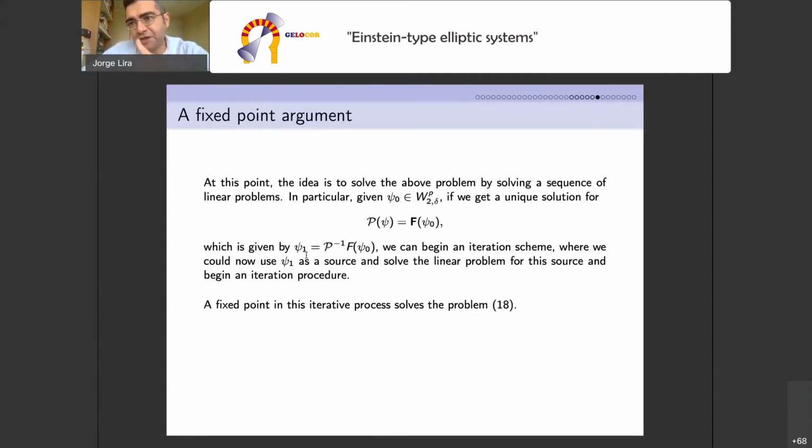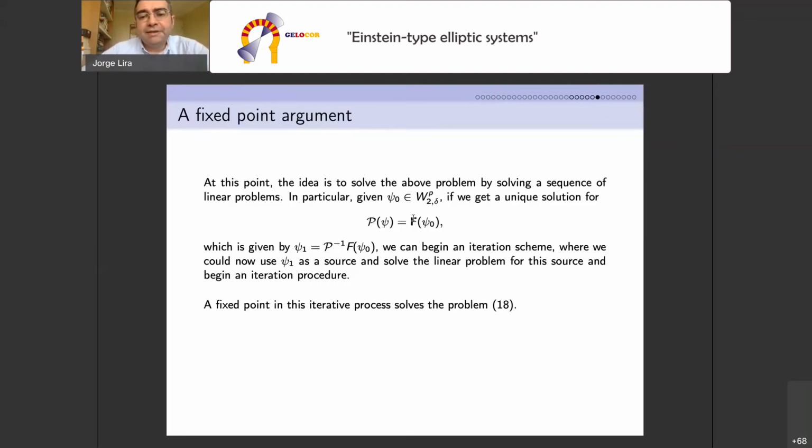Then you start this process again and try to control at the same time the norm of the right-hand side and the range of this right-hand side in such a way that you can apply the inverse of P to it. It's a trade-off, because if you have some invertibility result for P, you have to do this in the same sort of spaces where you can get control of the norms of F. It's hard to balance these two things at the same time.